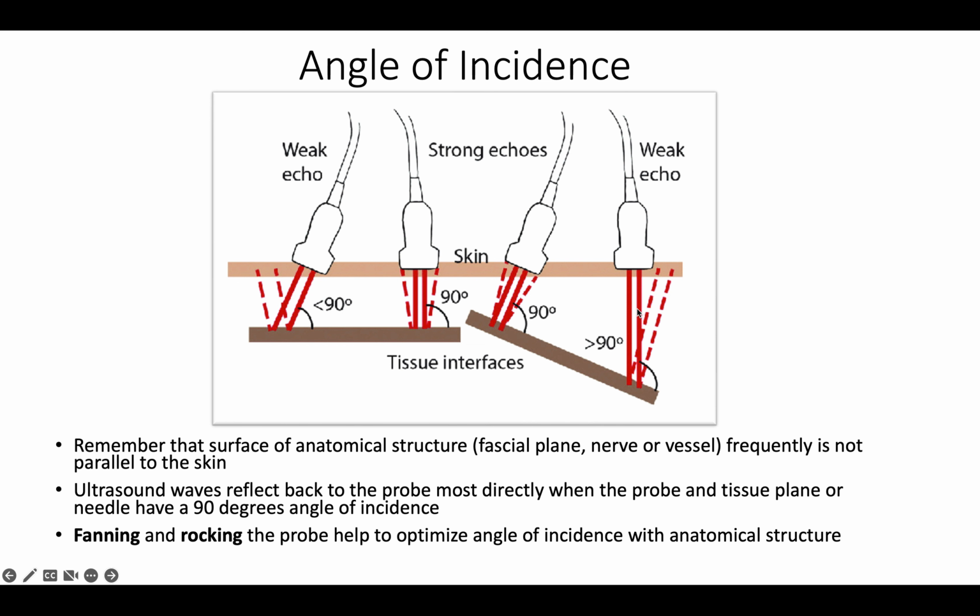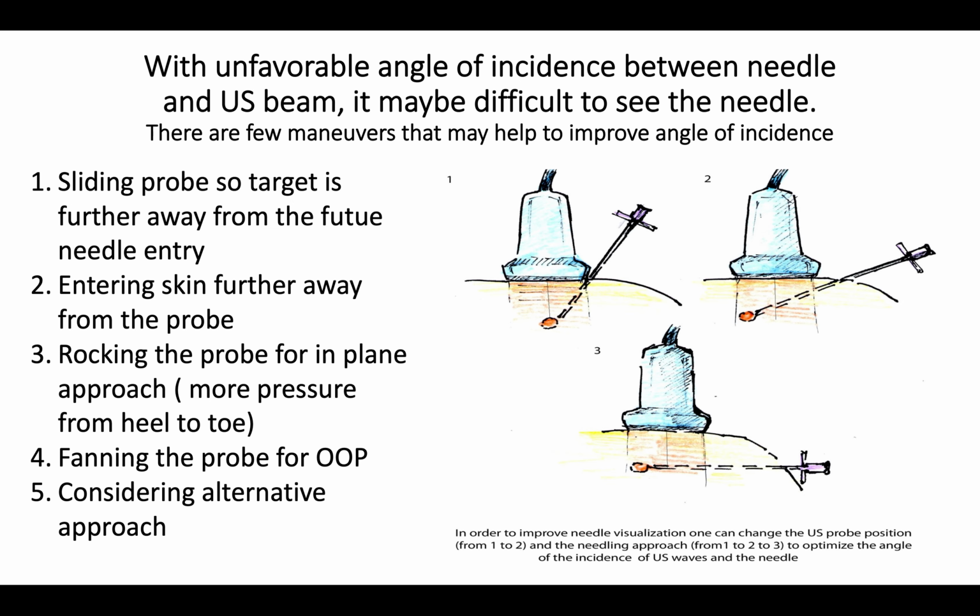And you have to remember that it's not uncommon that the skin surface and anatomical structure surface, like a fascial plane and nerve, will be not parallel to each other. So it's a very useful concept to understand.